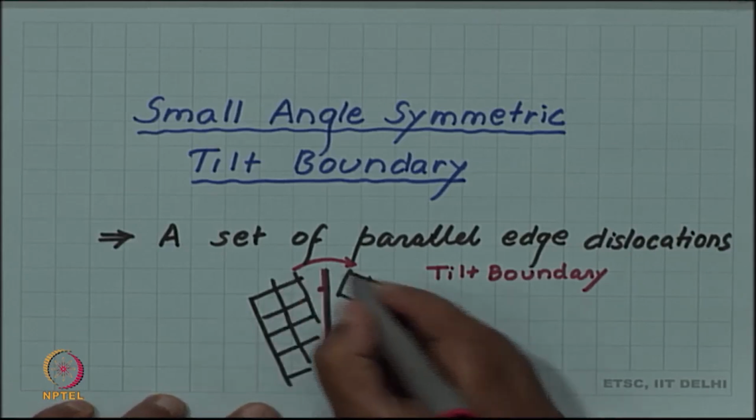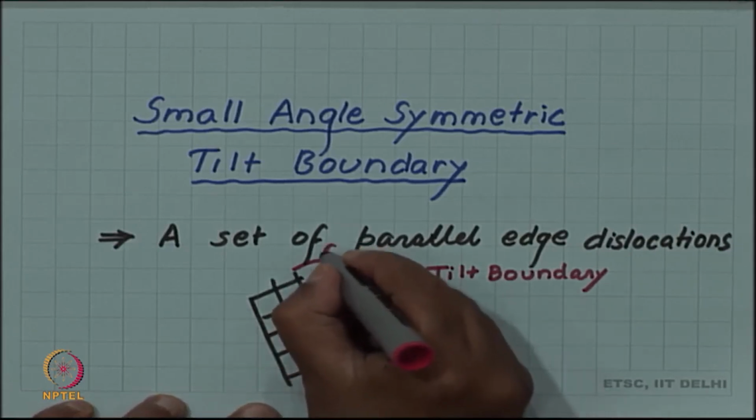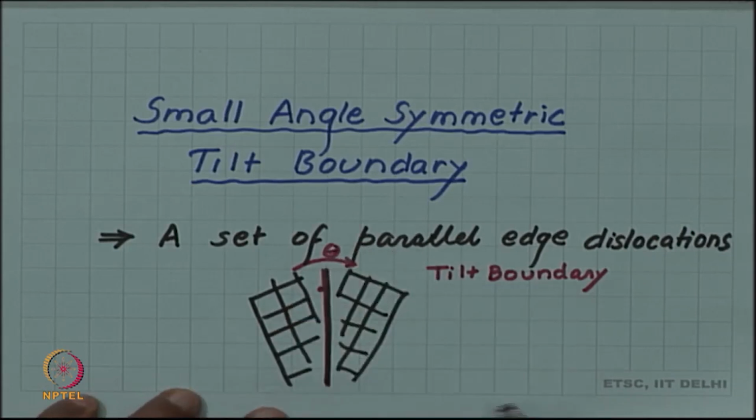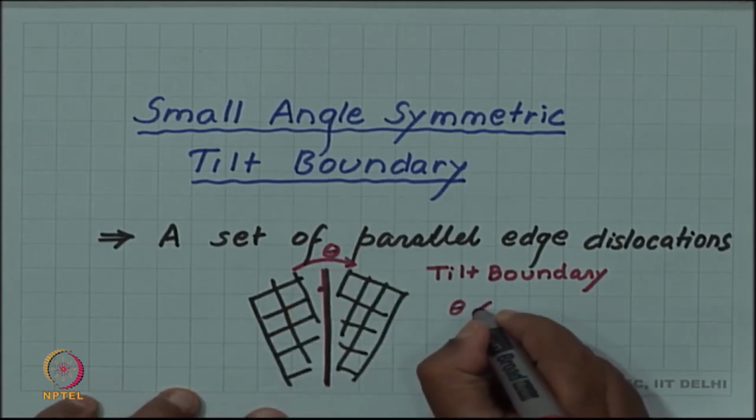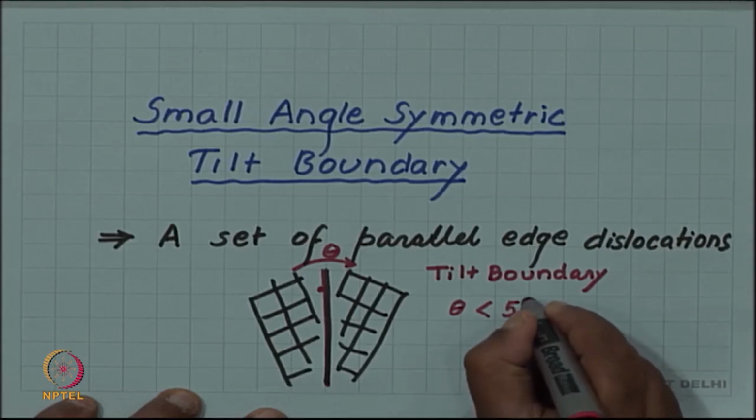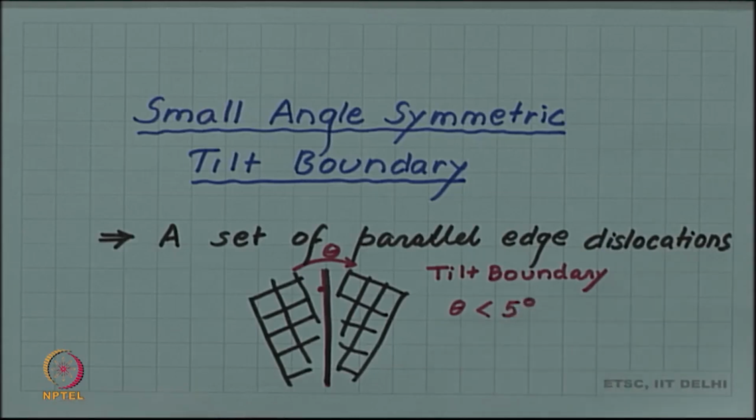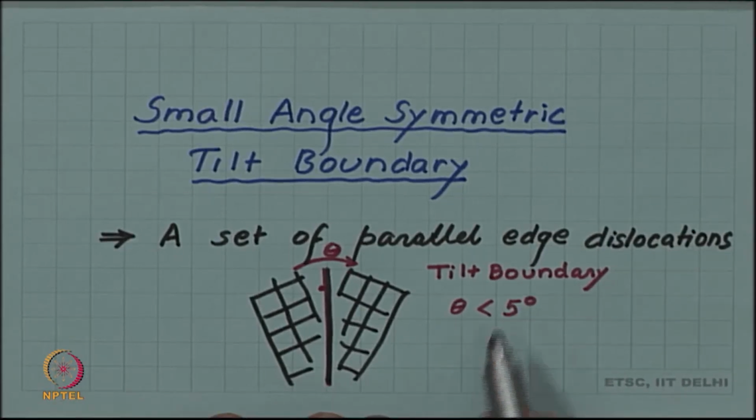And if this rotation angle theta is small, I said theta less than 5 degrees, some authors may like to even restrict theta to even smaller angles like 3 degrees or 2 degrees.